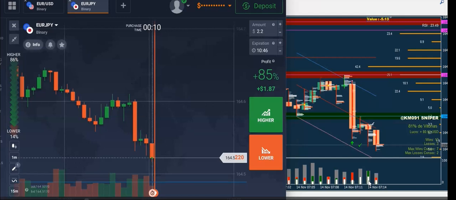And here, to place the buy trade, how many points do we have? Only one point, that is, a large volume cluster at the bottom. Nothing more than that.